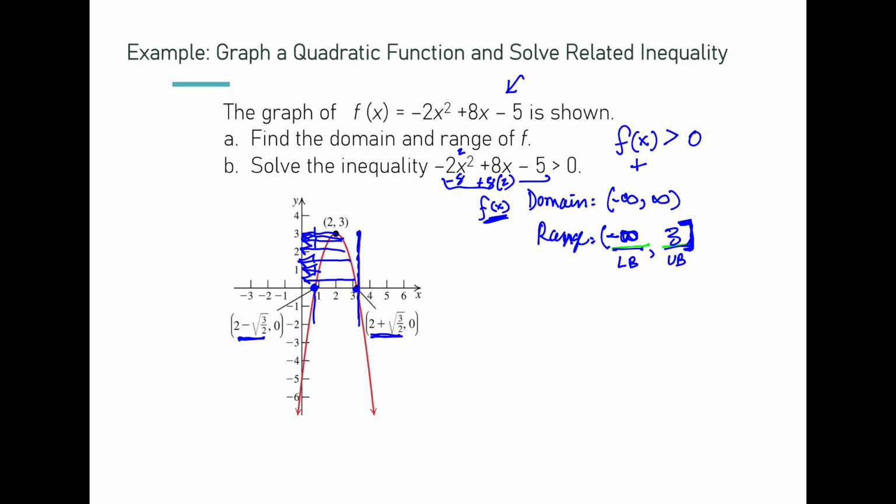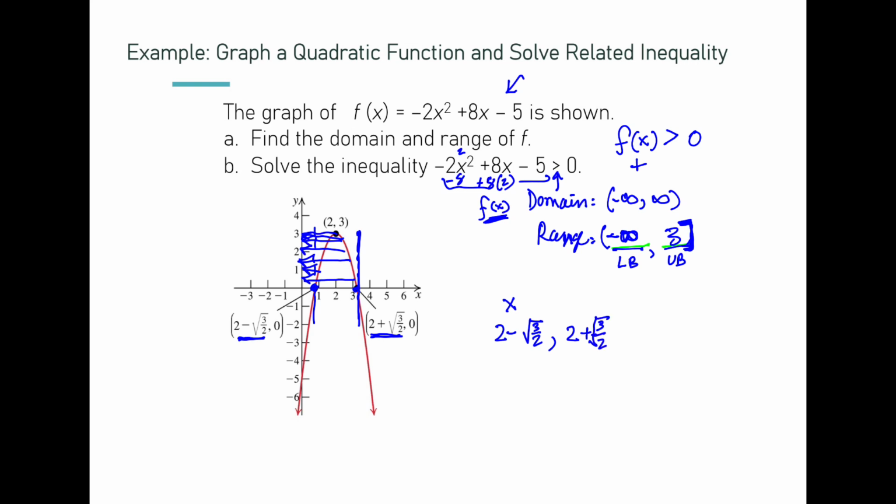So when we say solve the inequality, we're trying to find the x values that result in values greater than 0 for that expression. So the x values from lower to upper are going from 2 minus square root of 3 halves all the way to 2 plus square root of 3 halves.